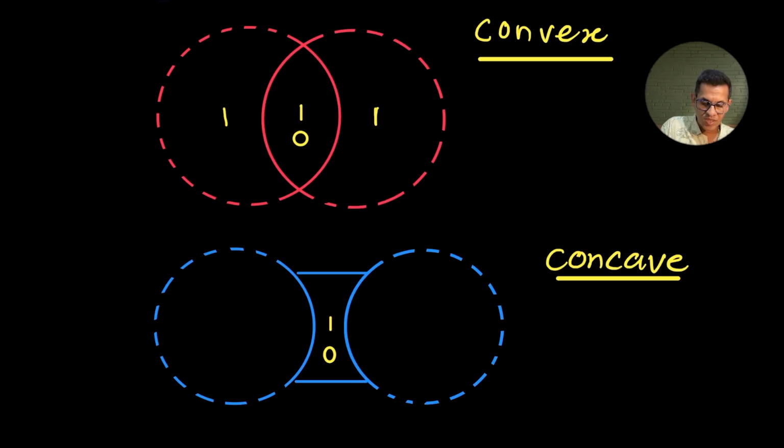But we can also name them as 2F1 and 2F2. Likewise, here also there are two centers for both the spheres. We can name them as 2F1 and 2F2.